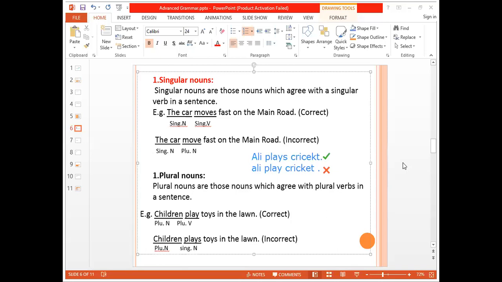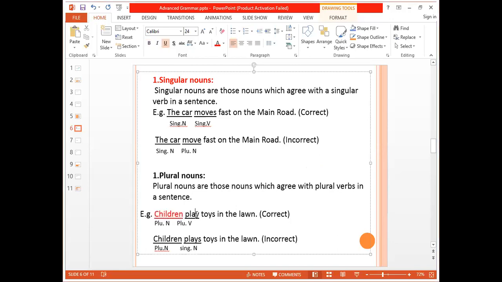And plural nouns are those nouns that are followed by plural verbs. For example, can you see children? Children is a plural noun. Can you see play?